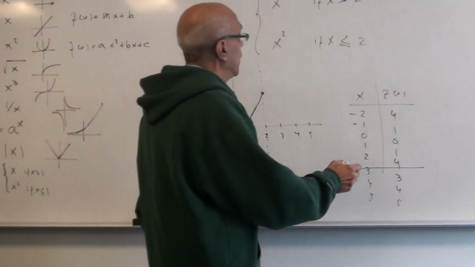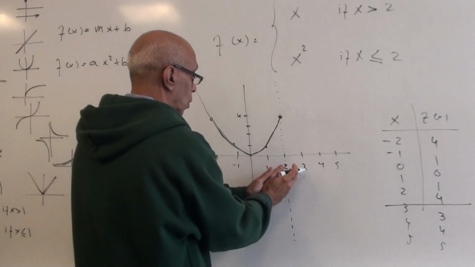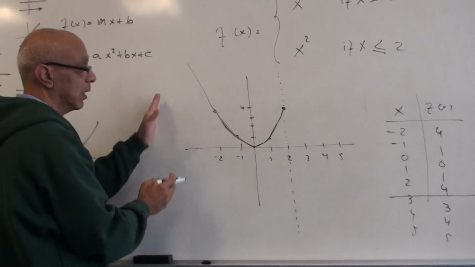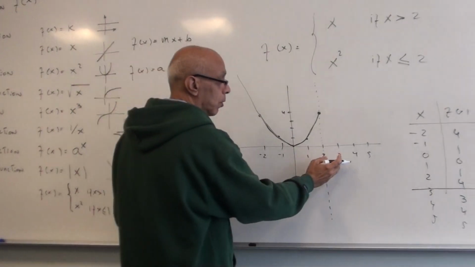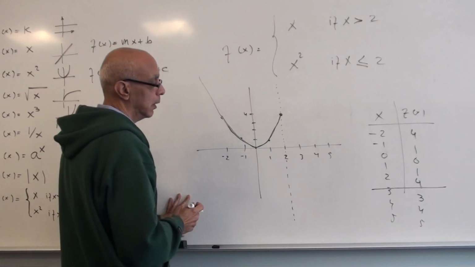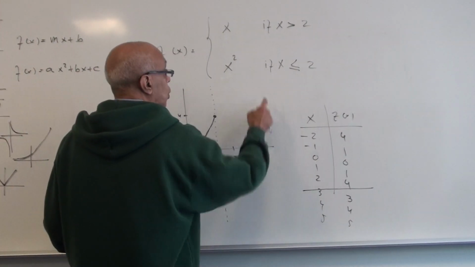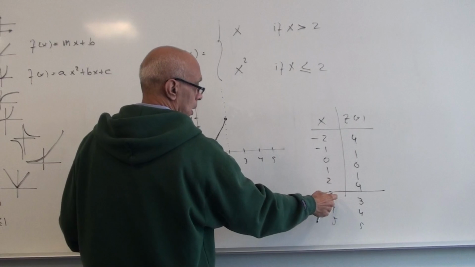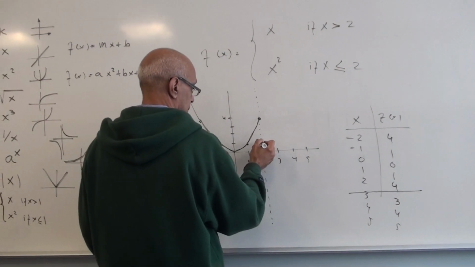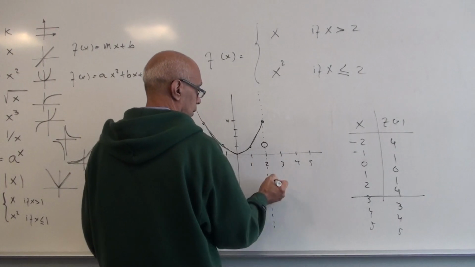So in this range, for x equal to 2 or less, it behaves as a quadratic equation. Now for above that, 3 and 4, let's see what's happening. When x is 2, here it's going to be 2, right? Right here, 2, 2. But it's going to be an open circle here, okay?